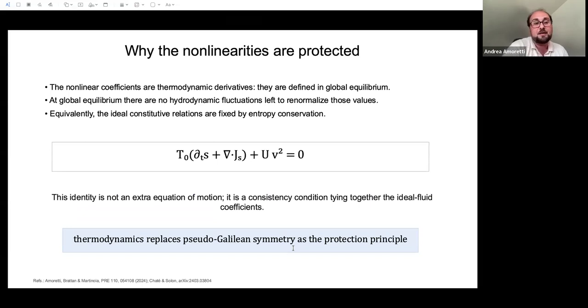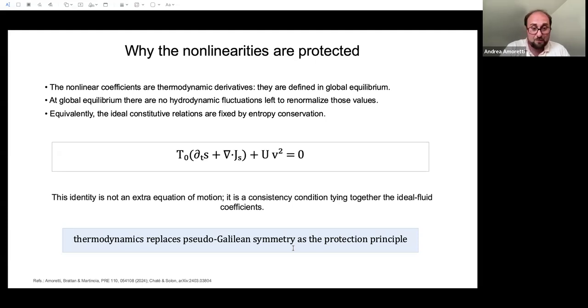What we assumed is that since most of these nonlinear terms in the boost agnostic framework are just coefficients which depend on thermodynamics and their derivatives, they are defined just in global equilibrium. And at global equilibrium, there are no hydrodynamic fluctuations left to renormalize those values.